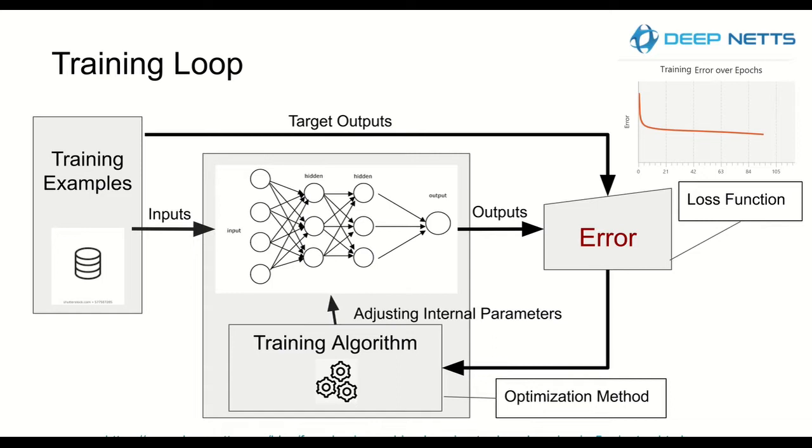and then on the output of the network we compare the results that we are getting as a prediction with the initial truth, the real expected outputs, which are provided as target outputs.